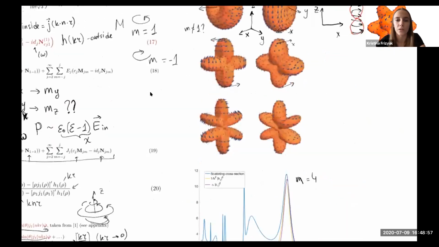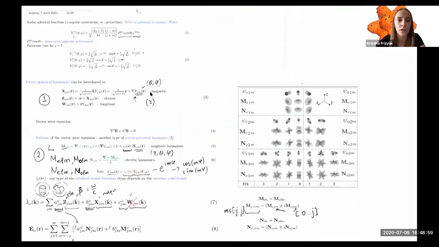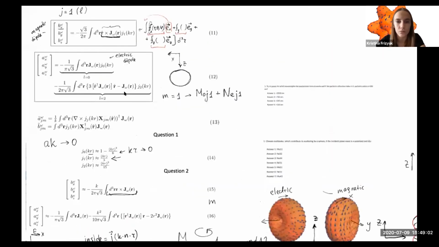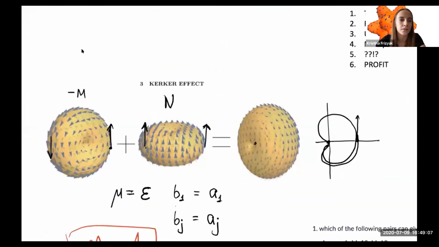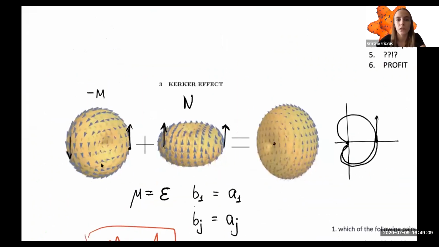If you have the Mathematica code from Andrei, this code draws only the multipoles one by one. So if you don't have them, you should find another way to plot vector spherical functions, or use Console and just plot scattering by some particle.